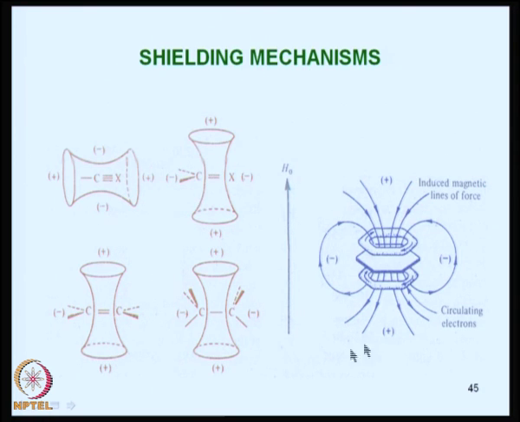This is for aromatic compounds. Induced magnetic fields are above the basic ring structure and below the basic ring structure. So, the electrons are moving around it like this, and similarly on the other side also.